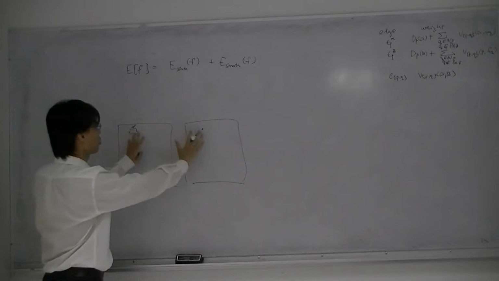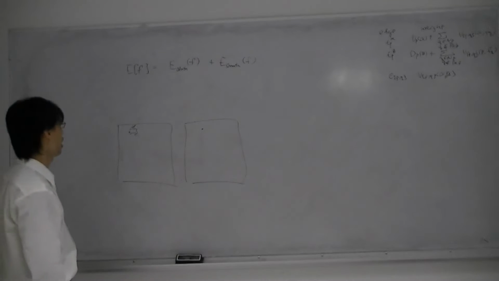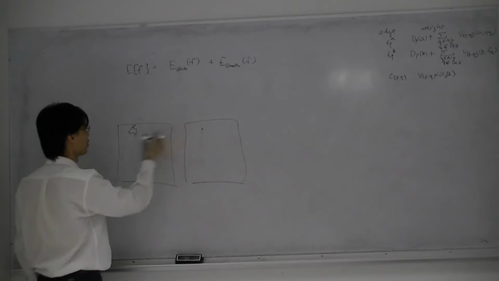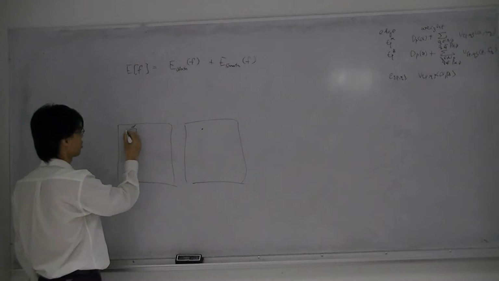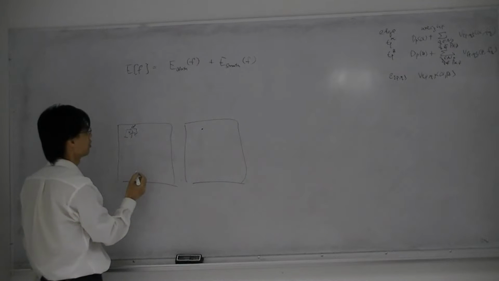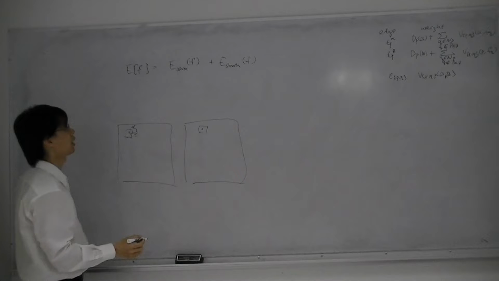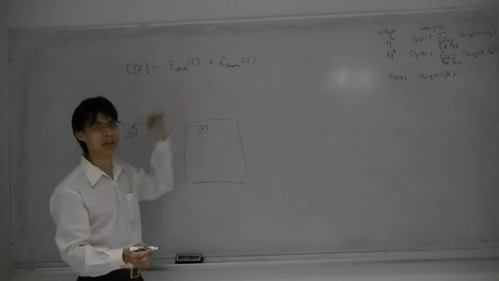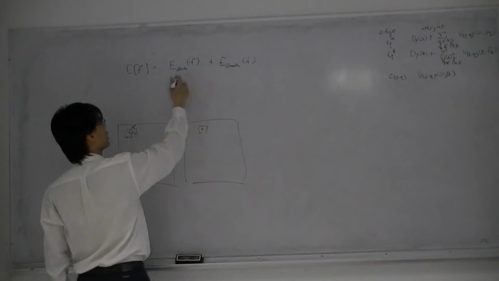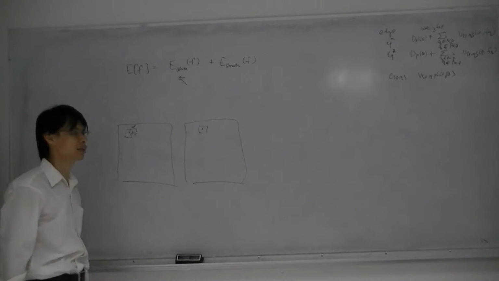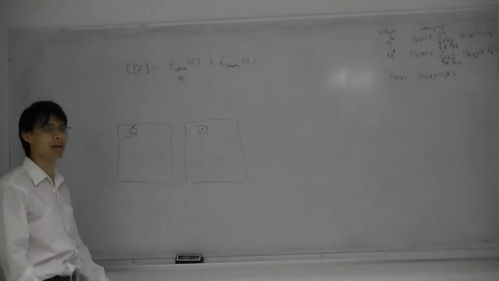And depending on these two images, if the two blocks surrounding this pixel are more similar, then you can claim the energy is smaller. So this energy thing you can consider as, for example, just mean square error.